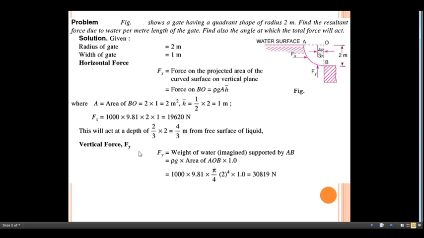Now what about the vertical force Fy? Fy is nothing but the weight of the water supported by this AB. So what is the weight of the water here? Rho g multiplied by the area of AOB multiplied by the width, which is 1 meter. The area of AOB is pi by 4 into r square.